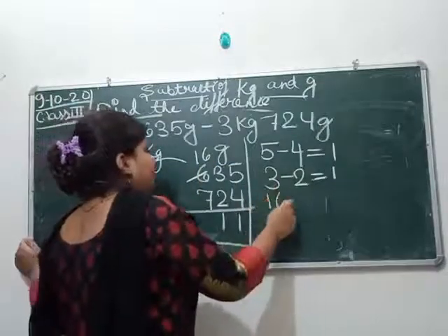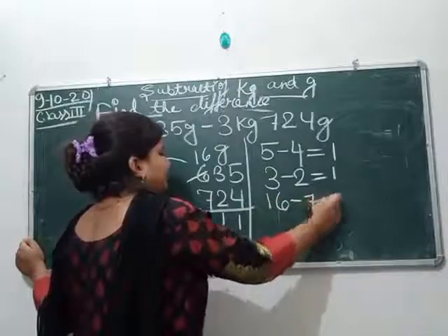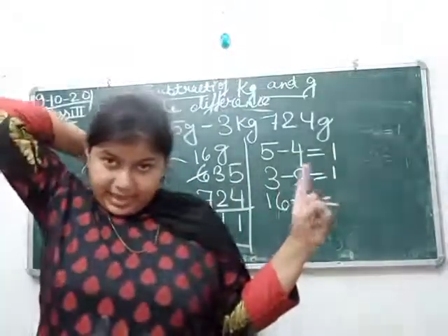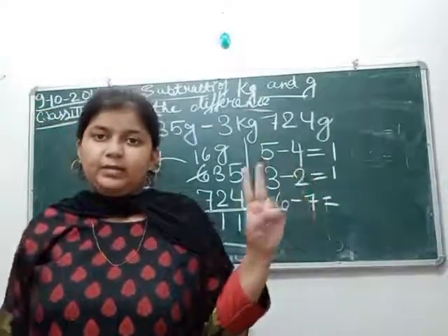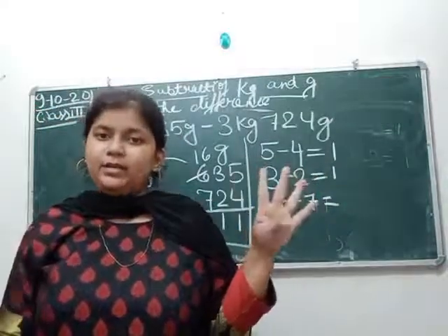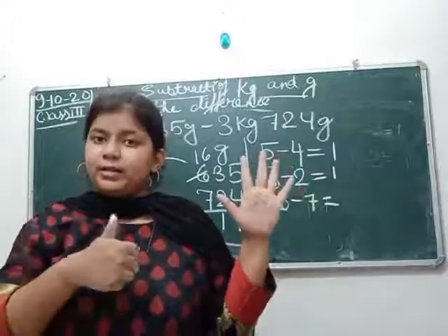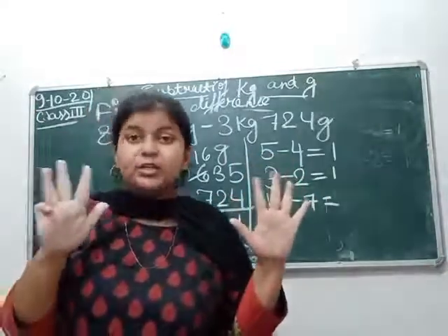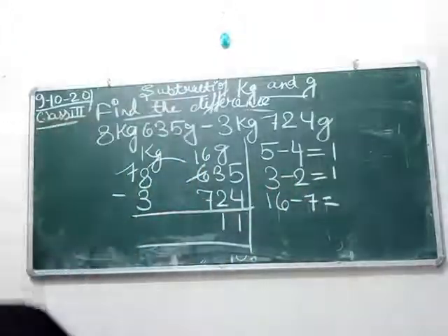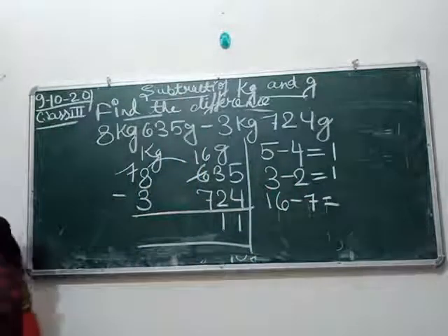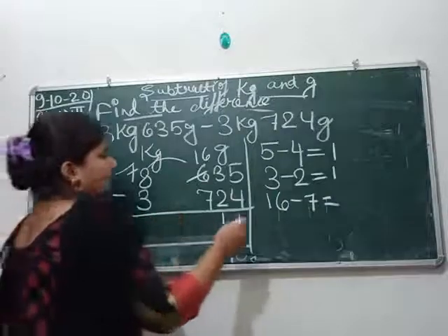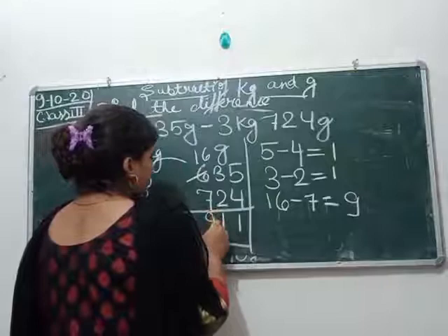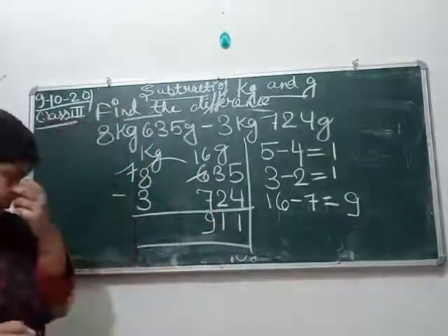So it will become 16 minus 7. Count after 7 to get 16: 8, 9, 10, 11, 12, 13, 14, 15, 16. How much? 9. Okay. So we have written 9 here, 911.